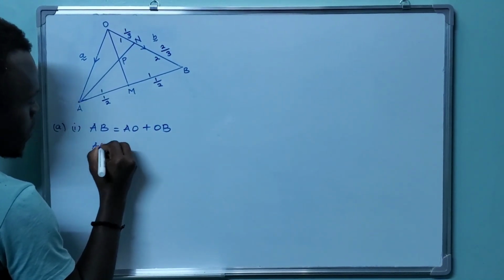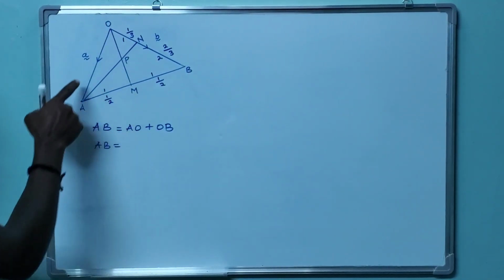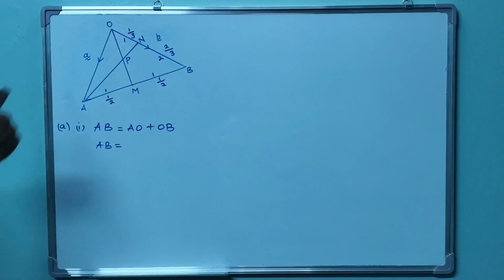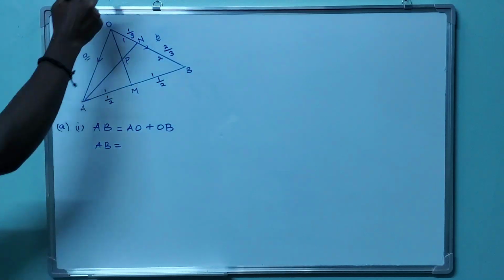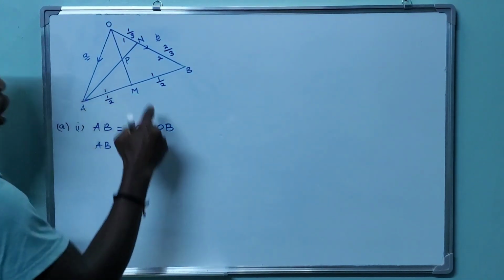So my AB is going to be AO, because I'm moving against the direction of the vector. If you're moving against the direction of the vector, it is going to be a negative vector. So OA is going to be negative vector A, plus OB.